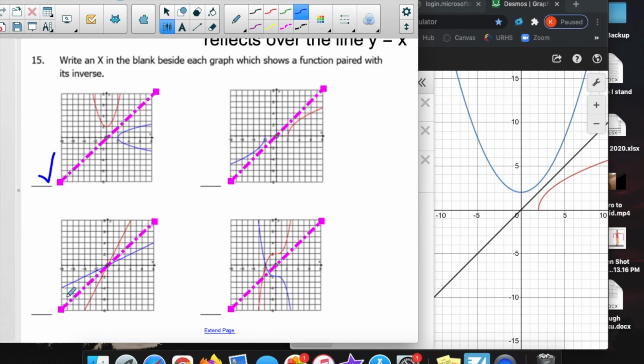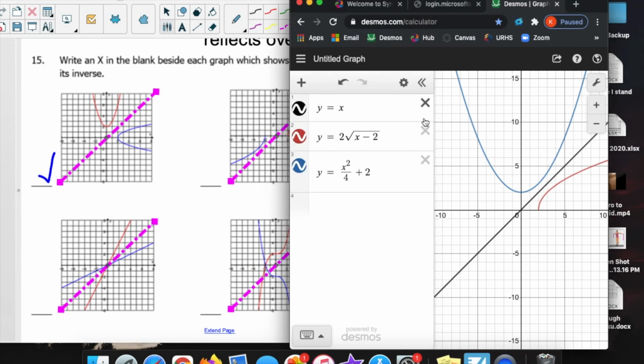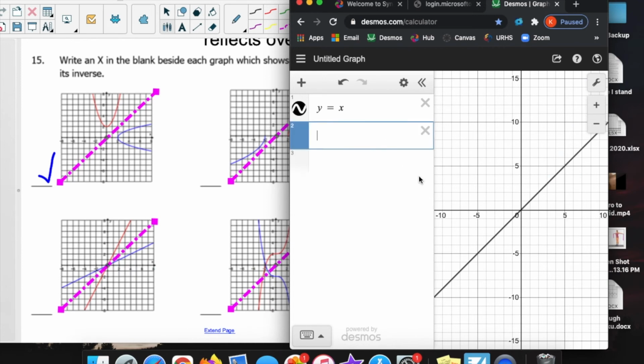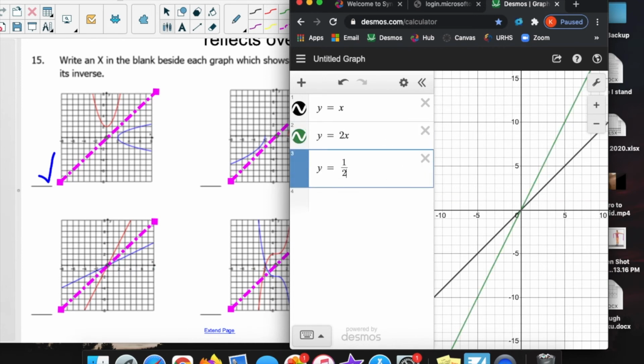Now this third one, these are two straight lines, and these are actually two very simple lines that I can show on here. I'll keep that guideline y equals x. One of the lines is y equals 2x, and one of the lines is y equals 1/2 x. If you're able to identify by looking at the graph what these two equations are, you could check mathematically: find the inverse of one of the equations and see if it matches.